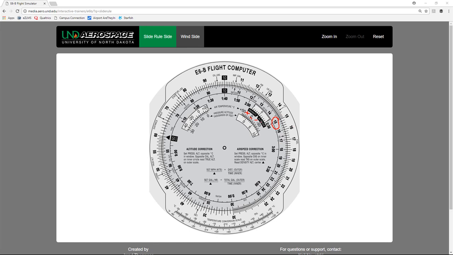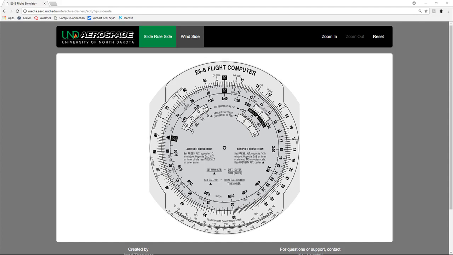So if we're looking for 15 degrees, we have 0 degrees here, 50 degrees on the far left. Each big tick mark represents 10 degrees. So 15 degrees would be right about there.